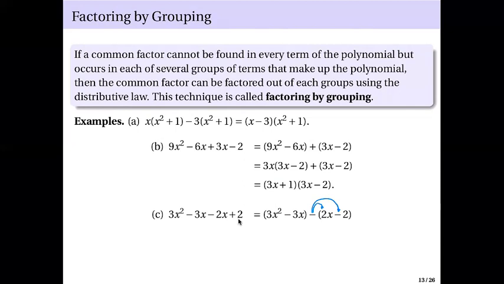You also have to change the signs inside the group. Okay? A lot of students commit mistakes on this type. They just group this without considering that after grouping, and this is minus, there should be a minus coming out. Okay? So be careful on that.